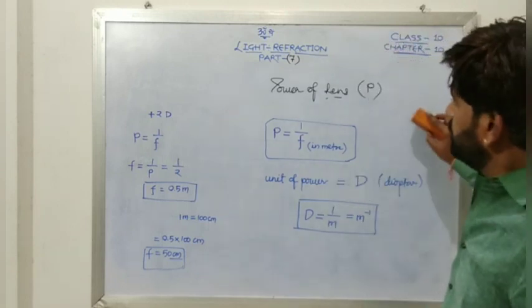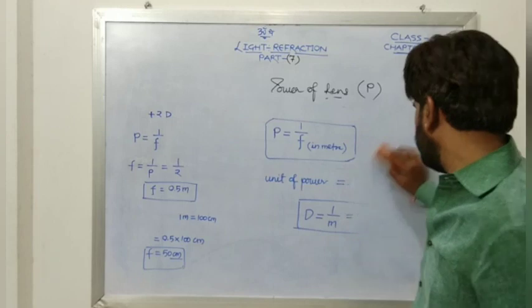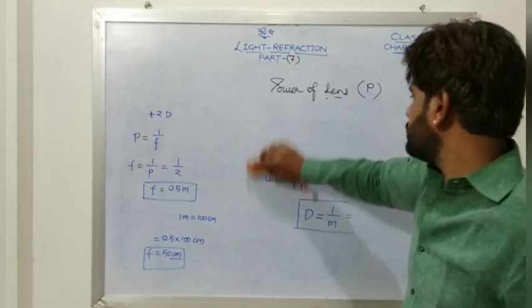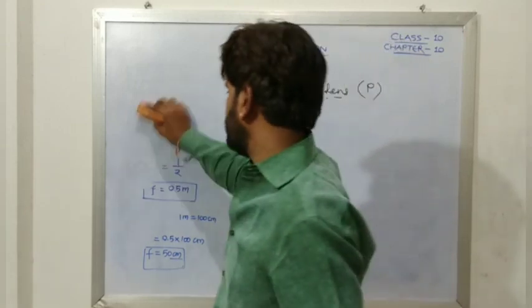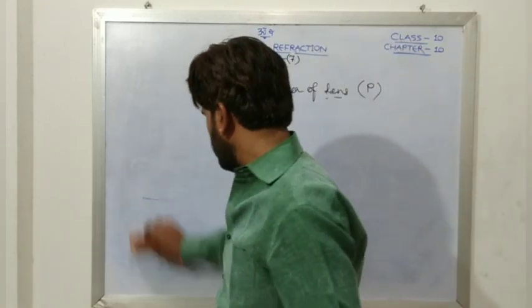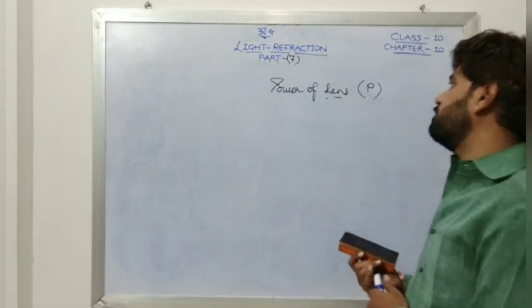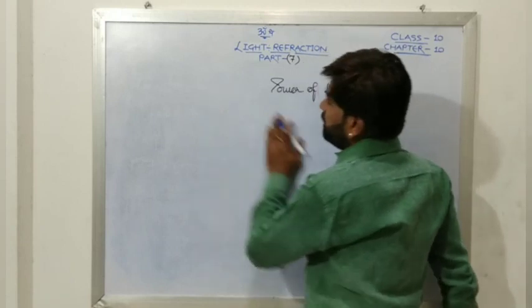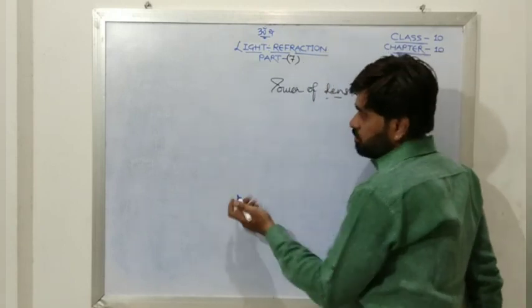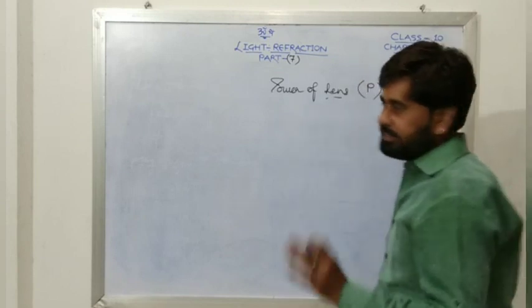So this is the power of a lens. Now one more thing: many a time we see in high definition, high resolution cameras that they have more than one lens. Why are they using more than one lens? They are using more than one lens just for higher resolution. Higher resolution means they are increasing the power, increasing the clarity.